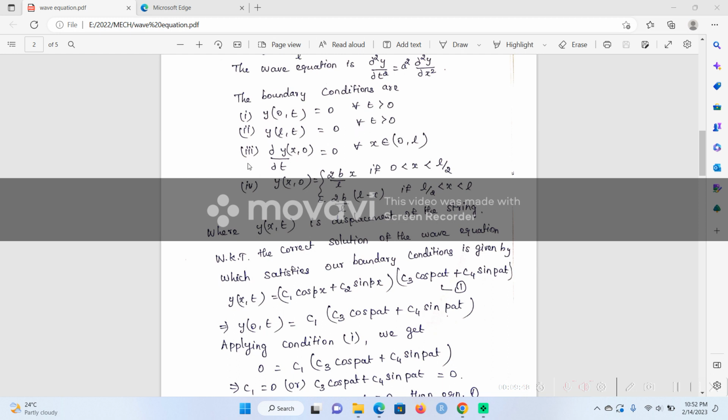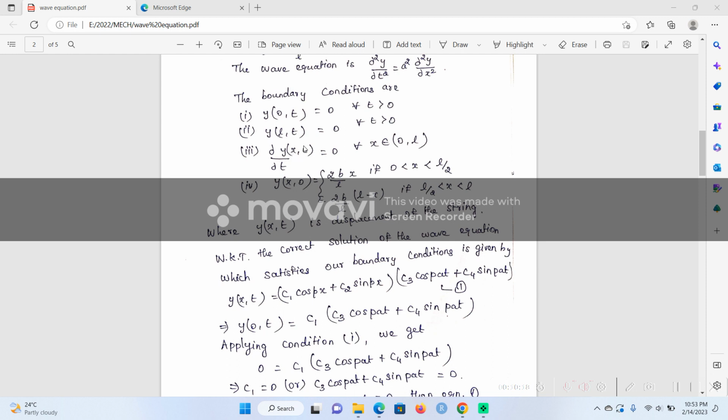Similarly, initial velocity will be 0, because at time 0 the string is in rest condition, so there is no velocity. So we know velocity is the rate of change of displacement with respect to time, which is denoted by ∂/∂t of y(x, 0).